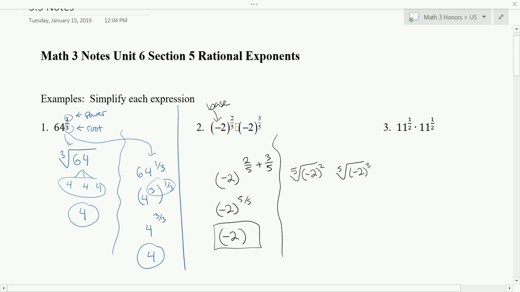And so this would be the 5th root of 4. No problem there. But the next one would be the 5th root of what? -8. So anybody see an issue? Are we allowed to do that? If the root is odd, are we allowed to do that?